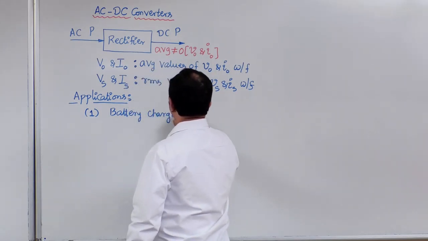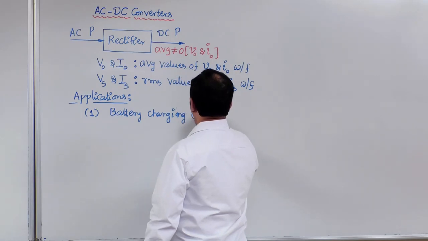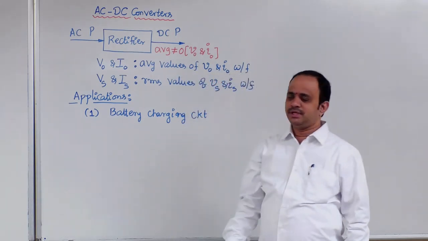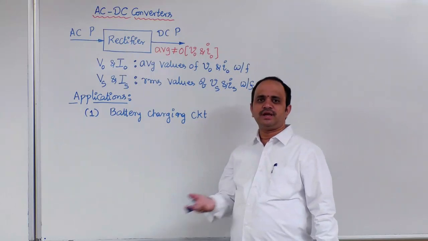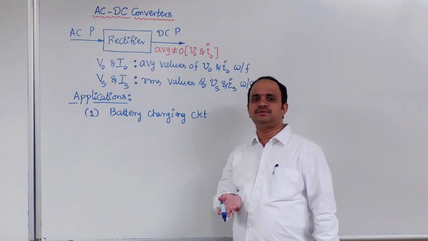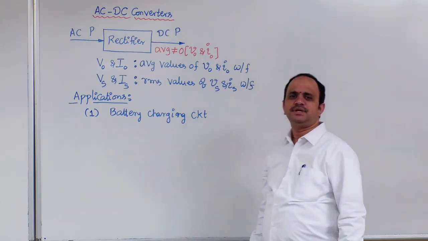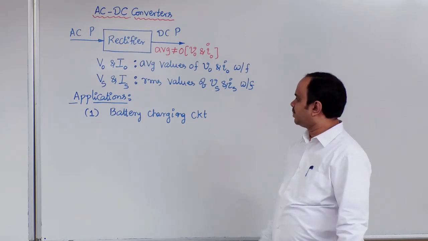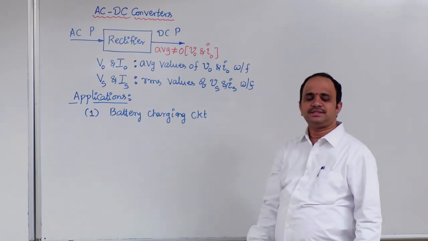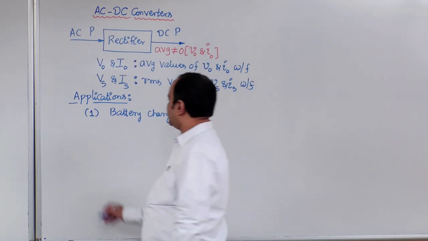All of us have these circuits. If this battery charging circuit is not there, you cannot watch our videos also. Your mobile, every electronic item needs a charging circuit. Basically, a rectifier is the charging mechanism.